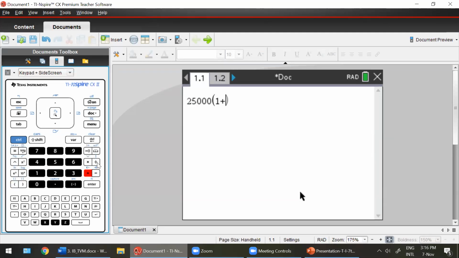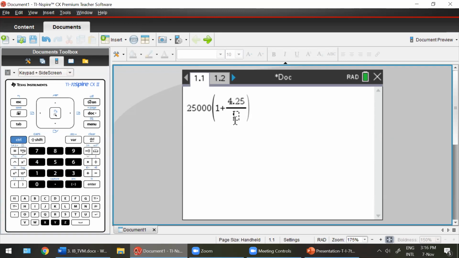If you want the numerator divided by the denominator mode, it sits behind the division sign. So go ahead and activate that by clicking Control Divide. The numerator will have 4.25. The denominator will be 100 times 12. How do you know that?